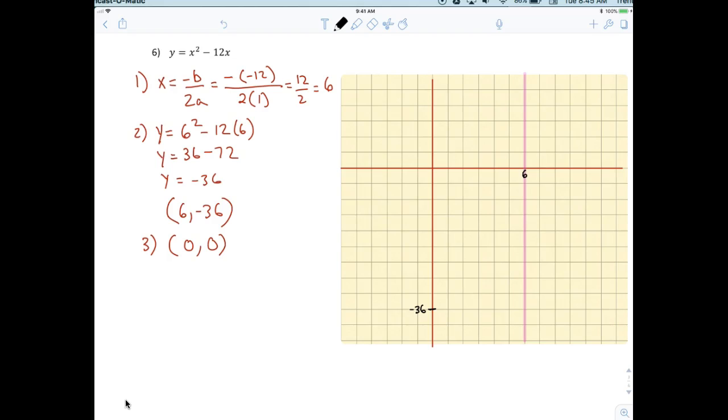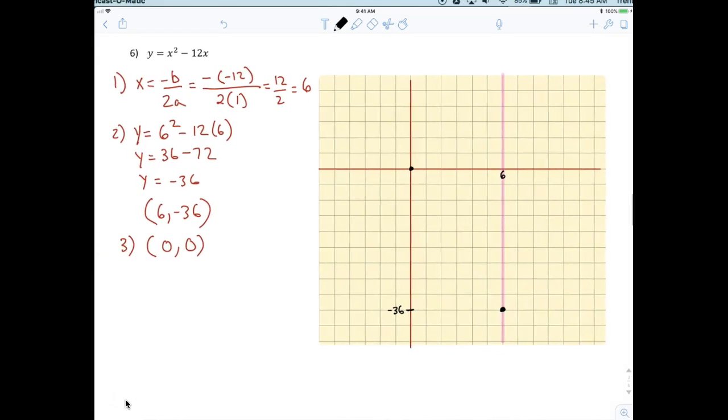So then my vertex is at 6, negative 36. Any issues with that? Now what's my y-intercept? 0, 0, so I plot that point. And now what do I need to do? Mirror it. So let's see if I have enough room. 1, 2, 3, 4, 5, 6.